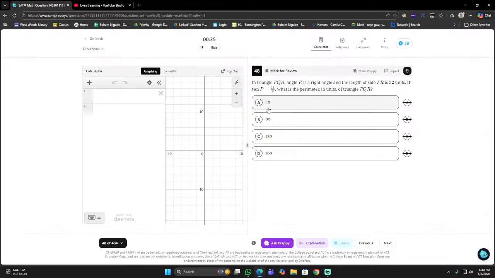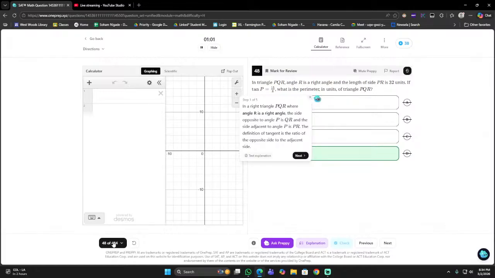It's a scale factor of 4, right? Scale factor of 4, so 15 times 4 is what? 60. So then the third side is gonna be square root of 32 squared plus 60 squared, 68. So 68 plus 60 plus 32. You're getting 160 your perimeter, boys. Perimeter, whatever you want to call it.